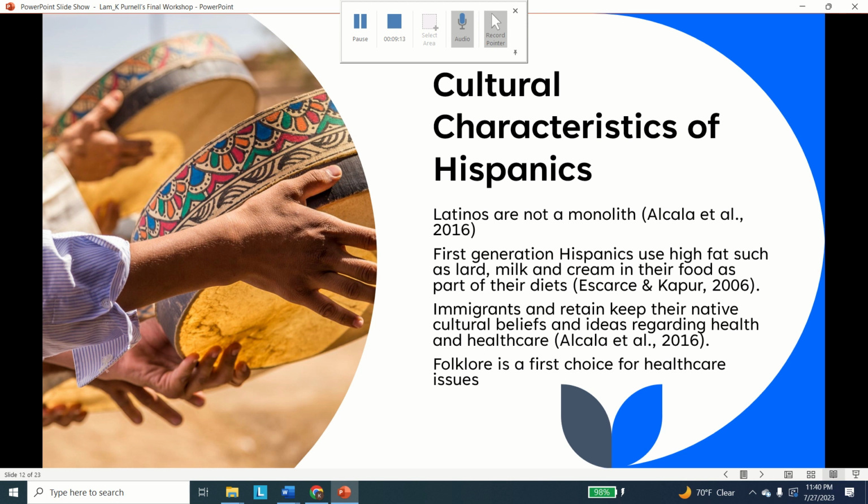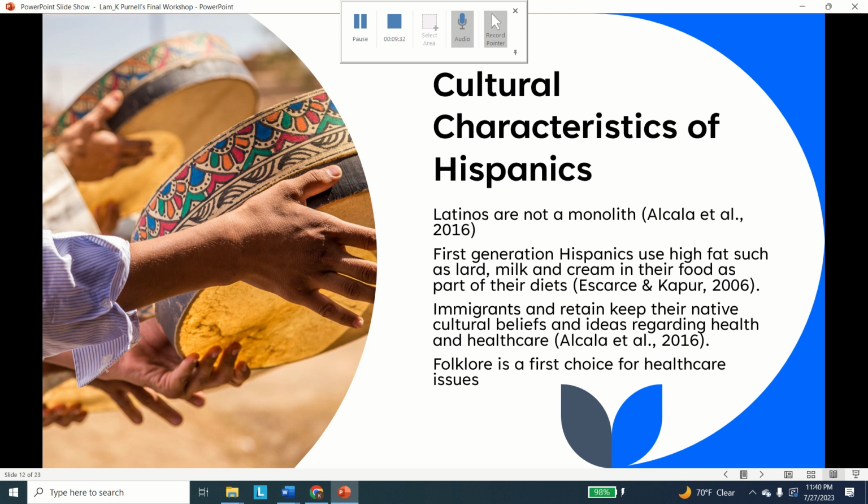And so what that means is that individuals who are second and third generation, born in America, are less likely to maintain their cultural beliefs. But if you know that somebody has come over as an immigrant, they're more likely to keep their traditional beliefs.